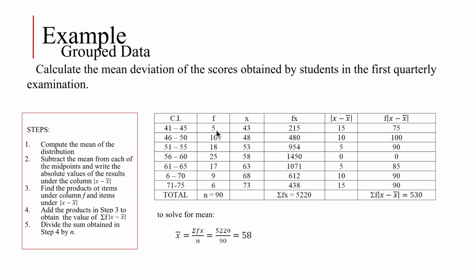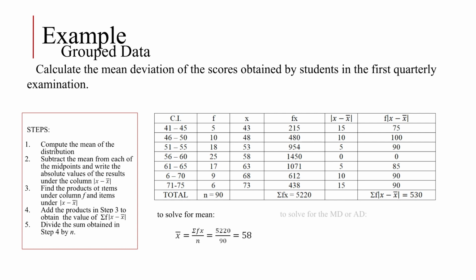That would give you 5 times 15 is 75. 10 times 10 is 100. 18 times 5 is 90. 25 times 0 is 0. 17 times 5 is 85. 9 times 10 is 90. 6 times 15 is 90. After that, we will get the summation of this column. So, the summation of f times the absolute value of x minus mean is equal to 530.